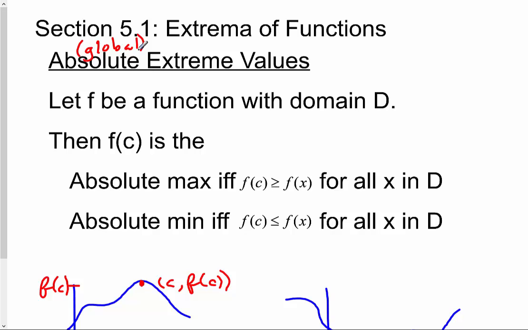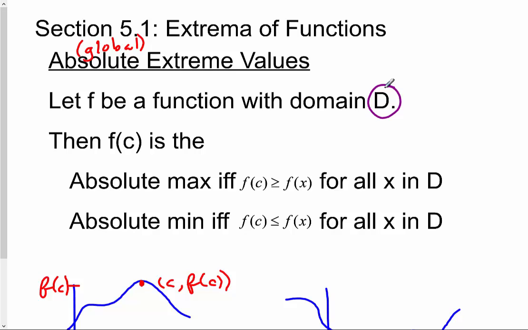And what it says is that we have to know our domain, and that is very key to this. Everything we're doing in these sections, we need to know what our domain is. But within that domain, a y value is an absolute max if and only if that y value is greater than or equal to all the other y values for the x's in that domain.